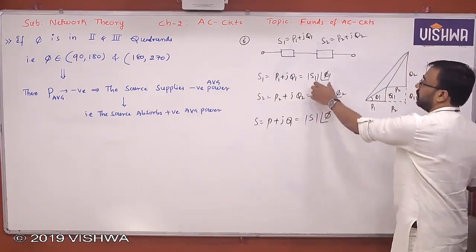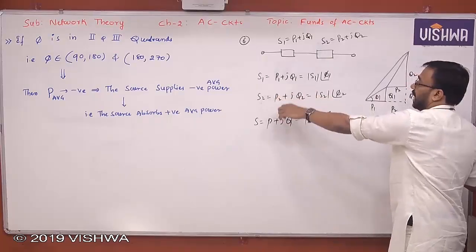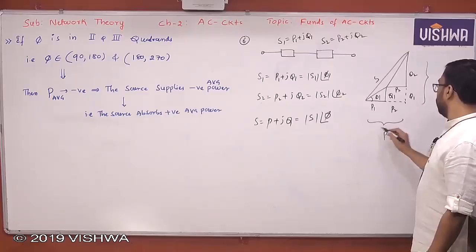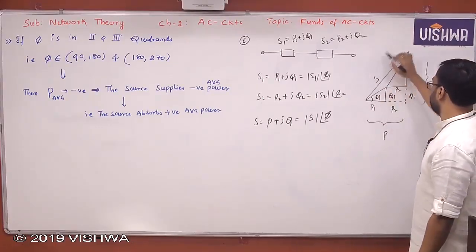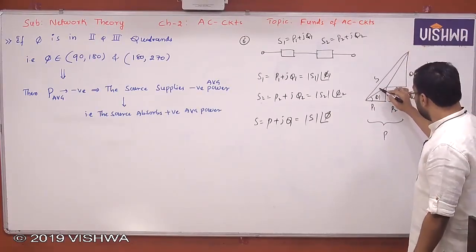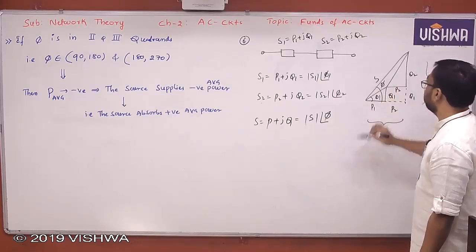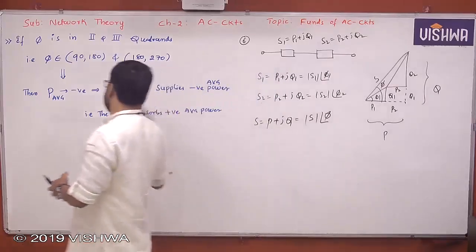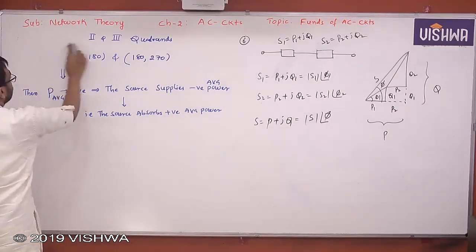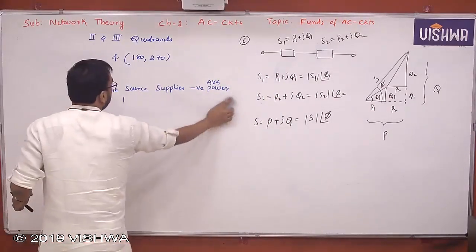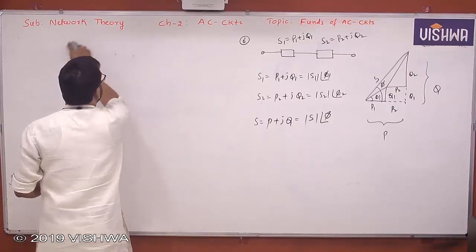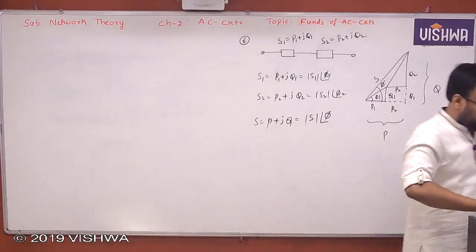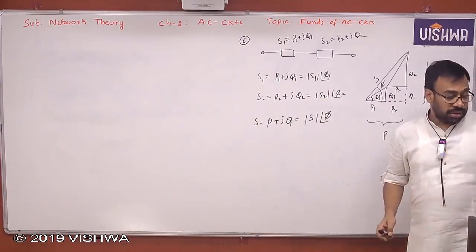At the tip of S1, if you add the S2 triangle, then you get the S triangle. So this is overall P, this is overall Q, this is overall S. S is nothing but the square root of P squared plus Q squared. This angle is going to be phi. Clear? I think you have written this part. Please note down that. Is it clear?